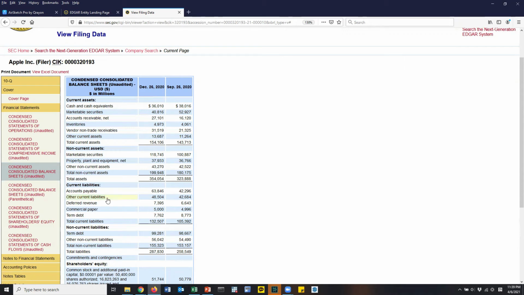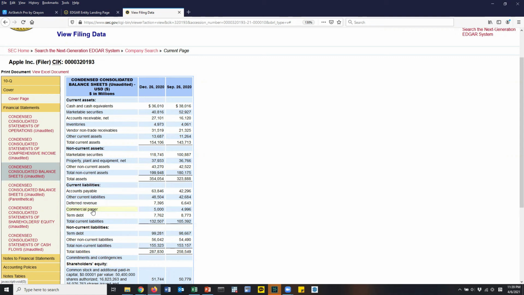When it comes to their liabilities, accounts payable, to say simply, is the amount that you owe to your suppliers or the utility providers or the like. Other current liabilities, deferred revenue or unearned revenue that we saw.